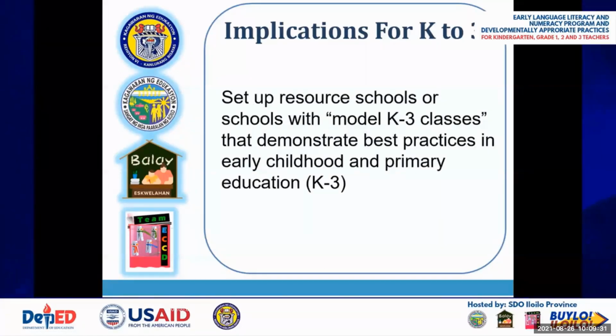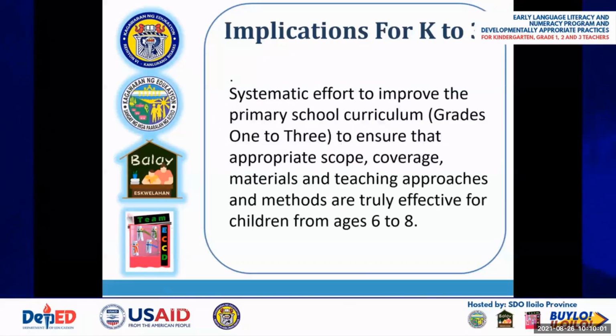Next is to set up resource schools or schools with model K-3 classes that demonstrate best practices in early childhood and primary education. Example, developmentally appropriate, culturally and contextually appropriate, as well as effective program management and processes of supervision by school heads and division educational supervisors.